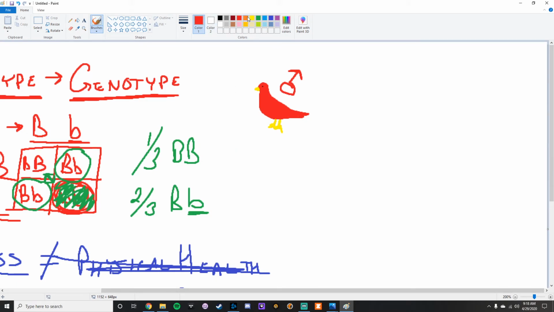So polygenic traits are where, if it's height, that would be as tall as you can get.